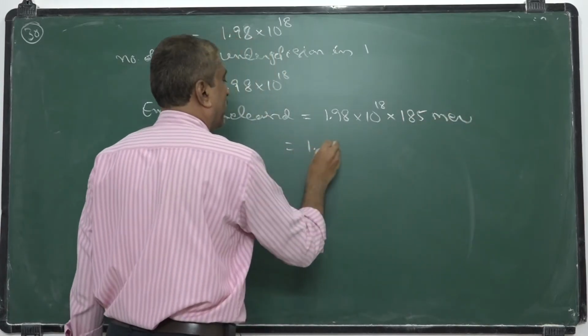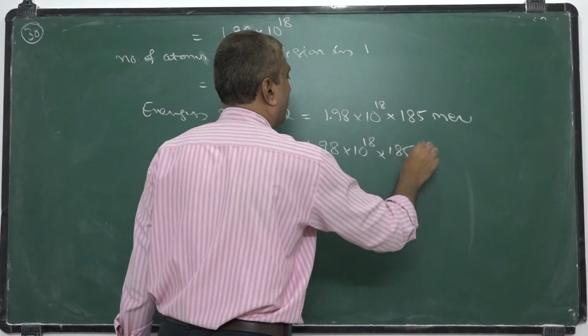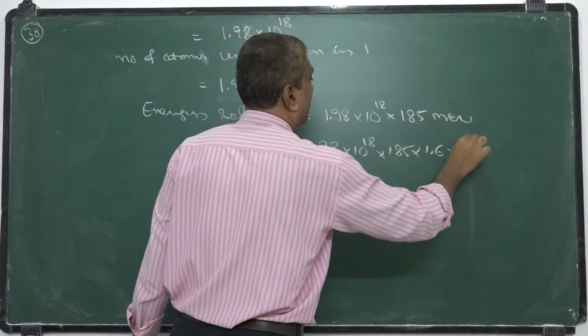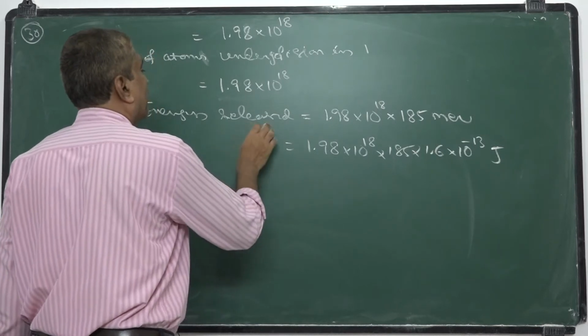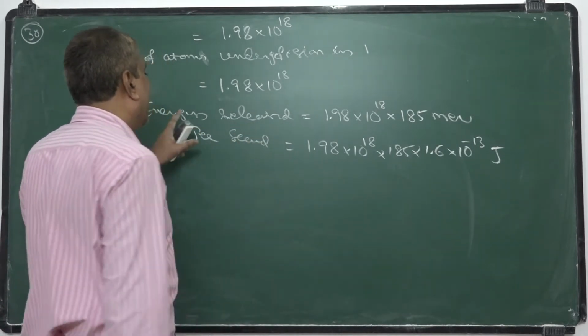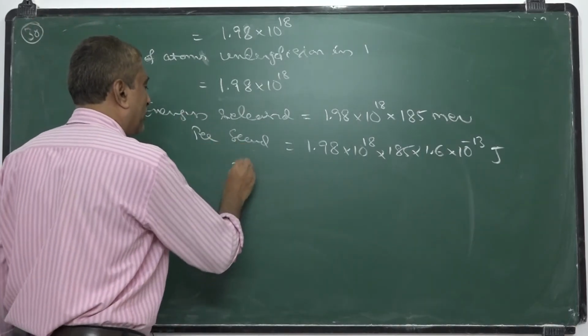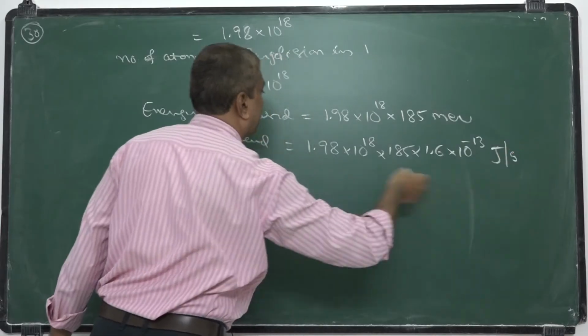That is 1.98 into 10 to the power 18 into 185 into 1.6 into 10 to the power minus 13 joule released per second. So energy per second is power. So P is equal to this one, joule per second.